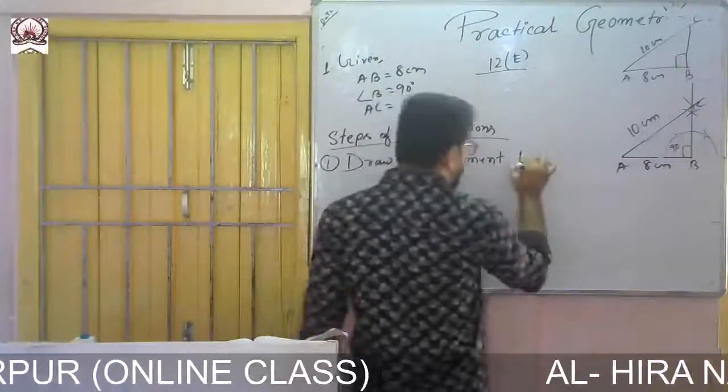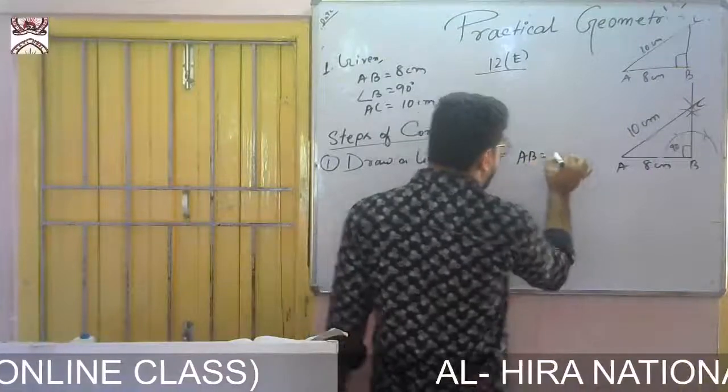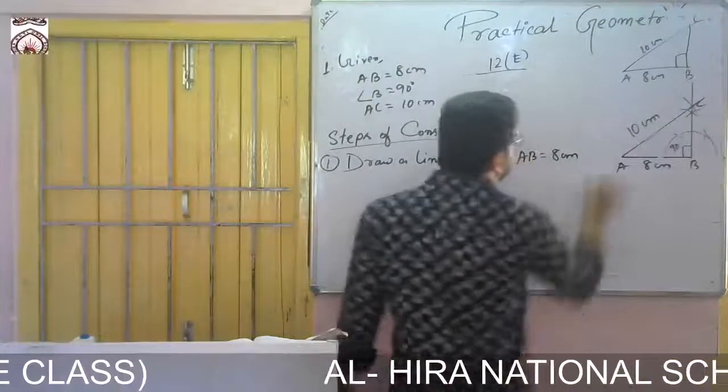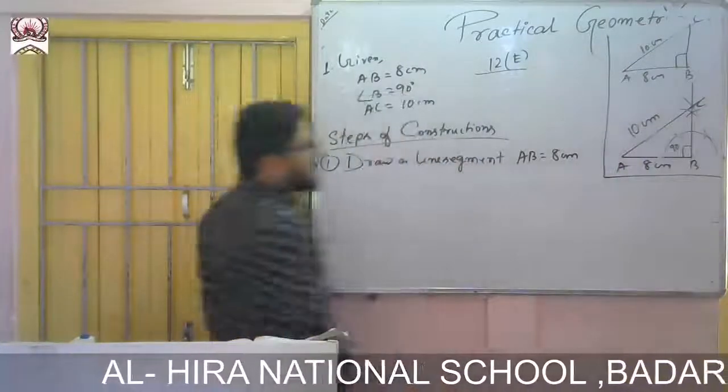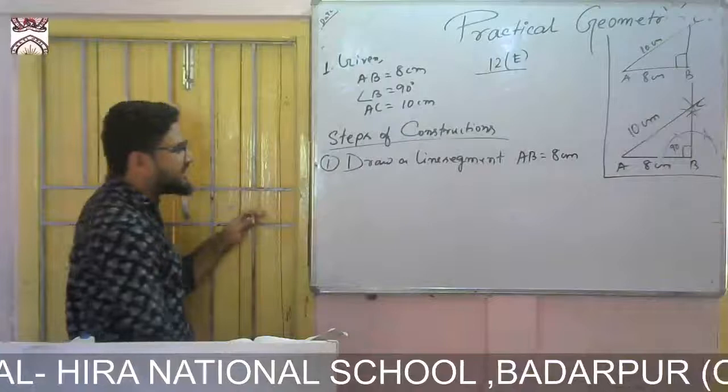Draw a line segment AB equals to 8 centimeter. So this is the figure portion. Let me separate this one. AB equals to 8 centimeter.